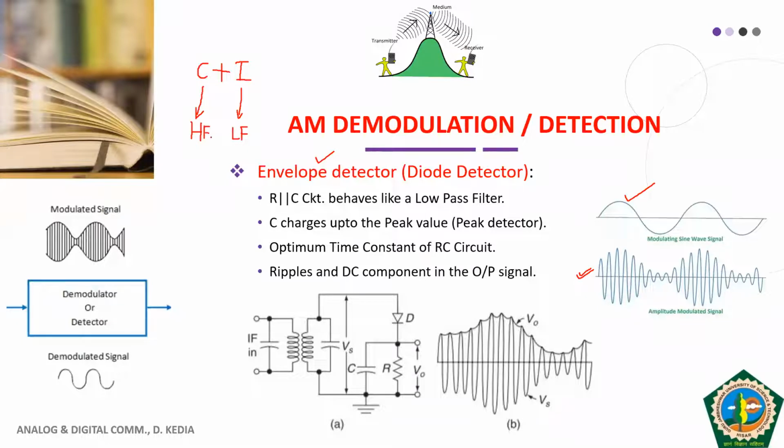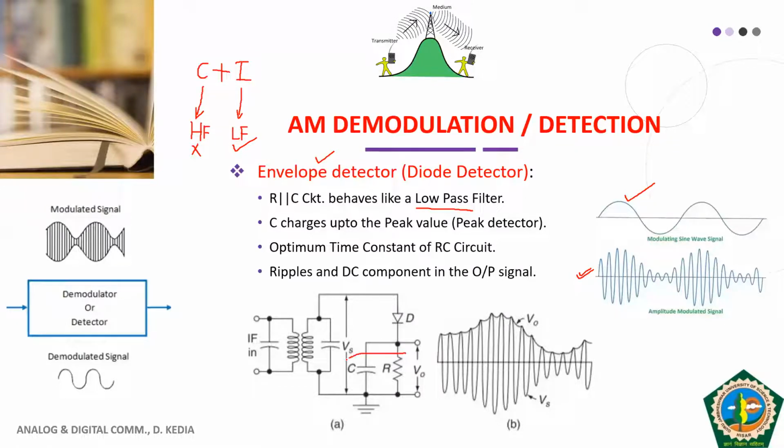So obviously we want to extract the low frequency signal and we want to remove the high frequency signal. So what do we want? We want a low pass filter. Okay, so that low pass filter has been realized with the help of an RC circuit. If you carefully look at the circuit, I'll first make you understand the circuit in parts so that you can identify each individual part, and then we will discuss the circuit in complete detail.